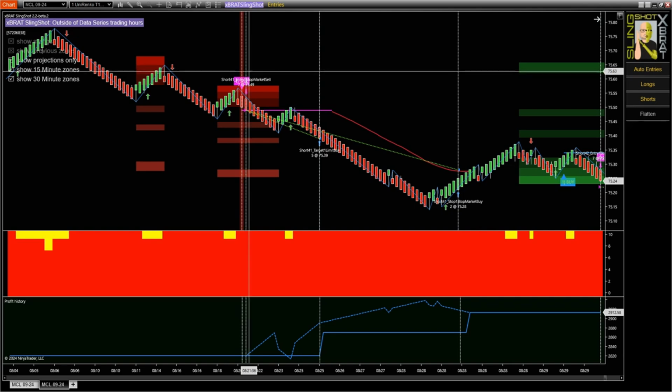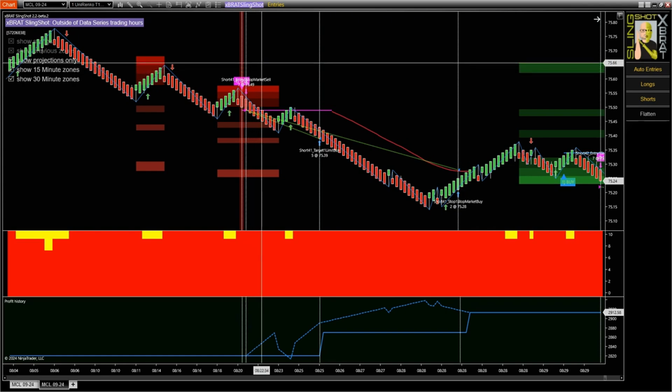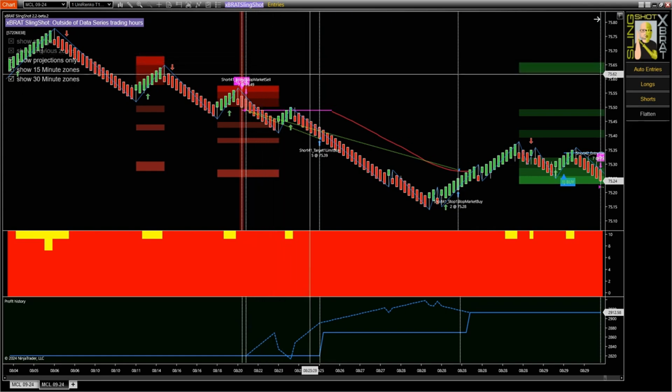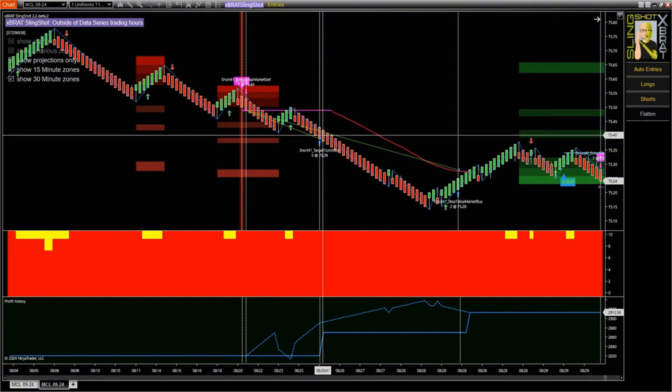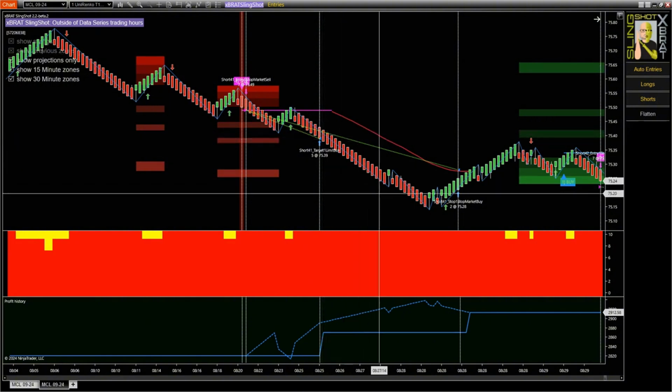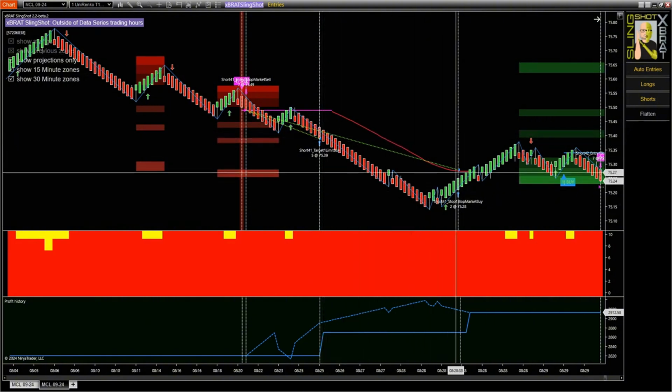The first target, because again, there's no data, and this is a normal sort of play here, was hit here some 4 minutes later. We then moved back up towards our trailing stop, and the trailing stop was 7 minutes after that first initial trade.